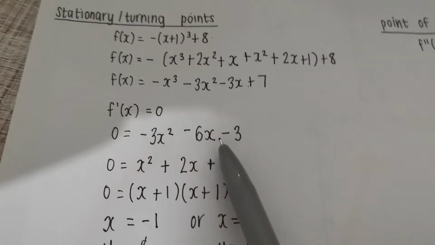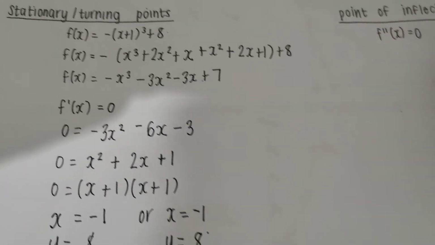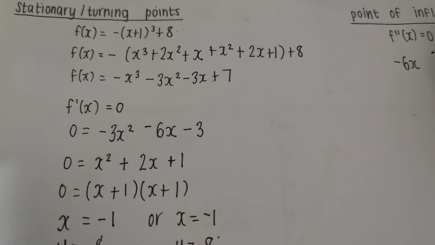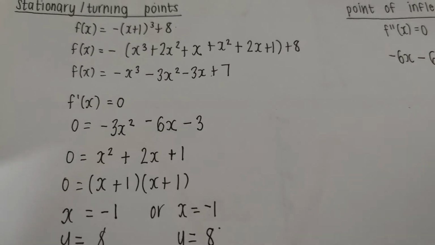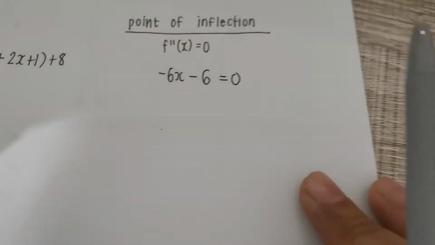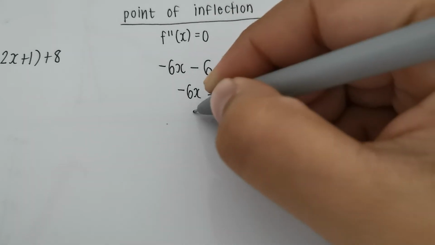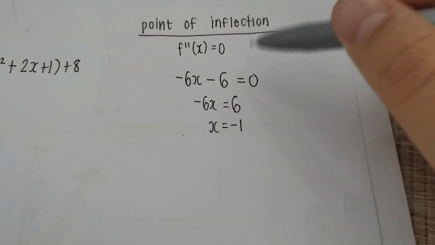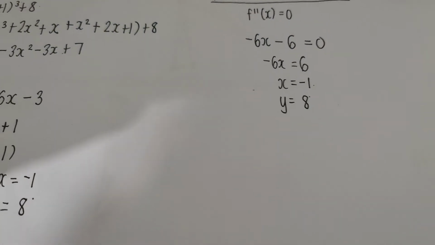My first derivative was this expression here, so my second derivative is going to be... this is going to give me... and if we substitute this into the original equation, we're going to end up with y equal to 8. Quite a bit of repetition of points.